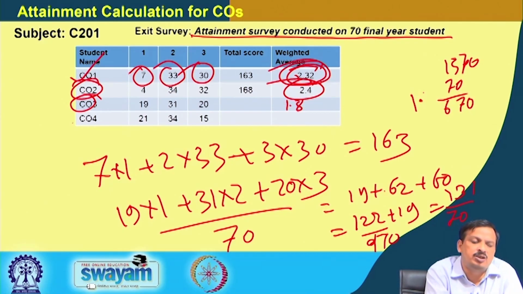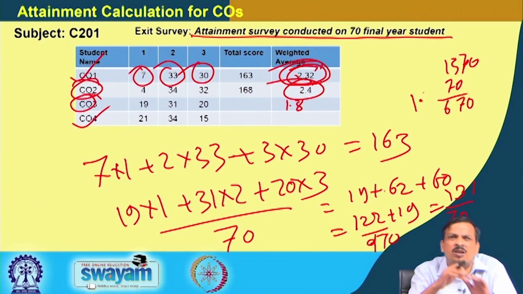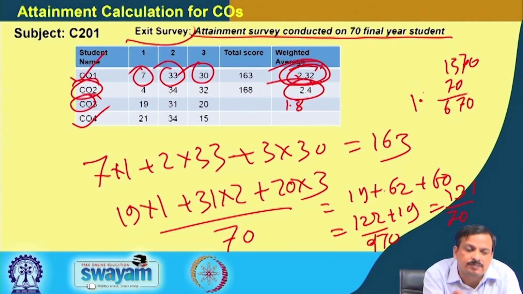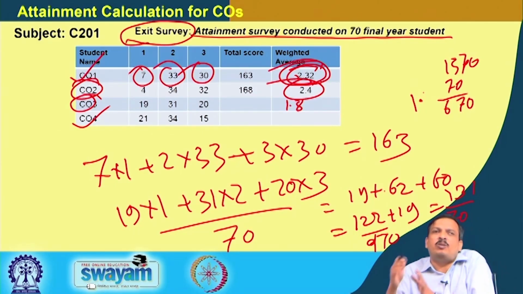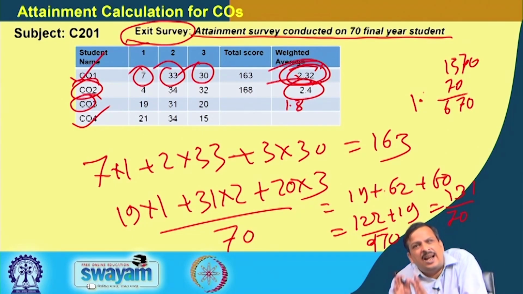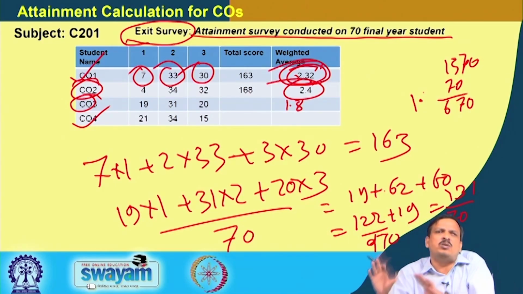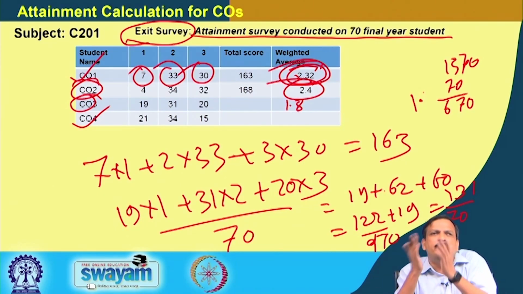Similarly, I can calculate CO4. So, for my course I calculate the attainment based on the survey result of the exit survey. Similarly, I can calculate the attainment based on the alumni feedback also. I told them this is my course, the outcomes are given, you have studied this course in this semester, can you give the feedback about the attainment of the COs?